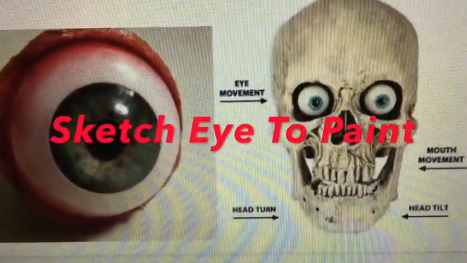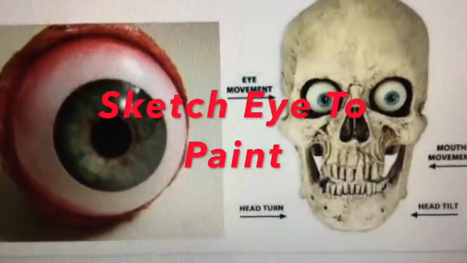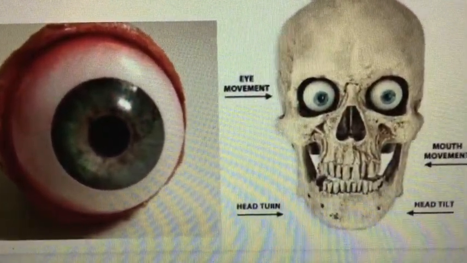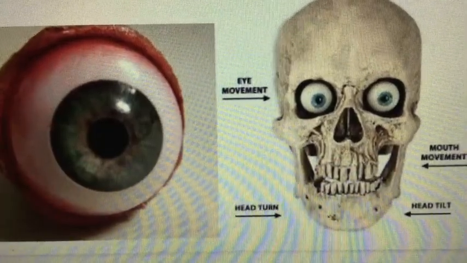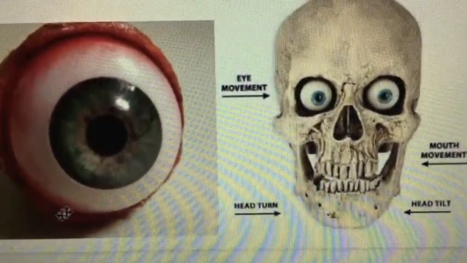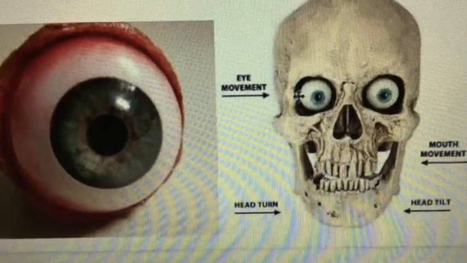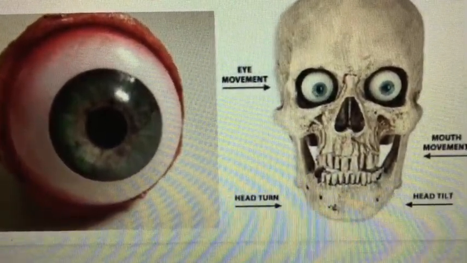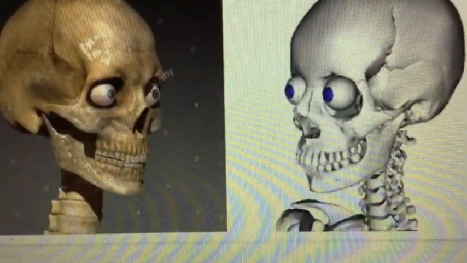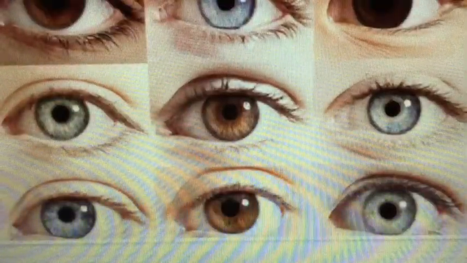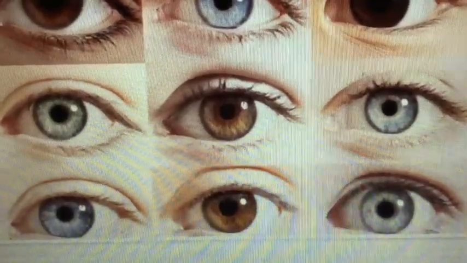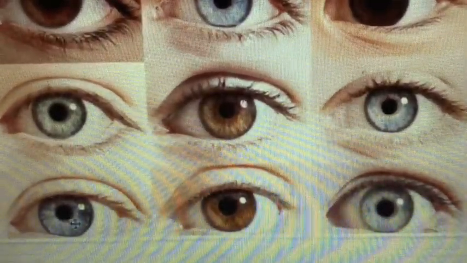The first step in creating this eye drawing is understanding what the underlying structure of the eye is. There's an eyeball that fits inside the socket in the skull, and then you have all the skin and muscle, eyelids, everything that fits in around it.